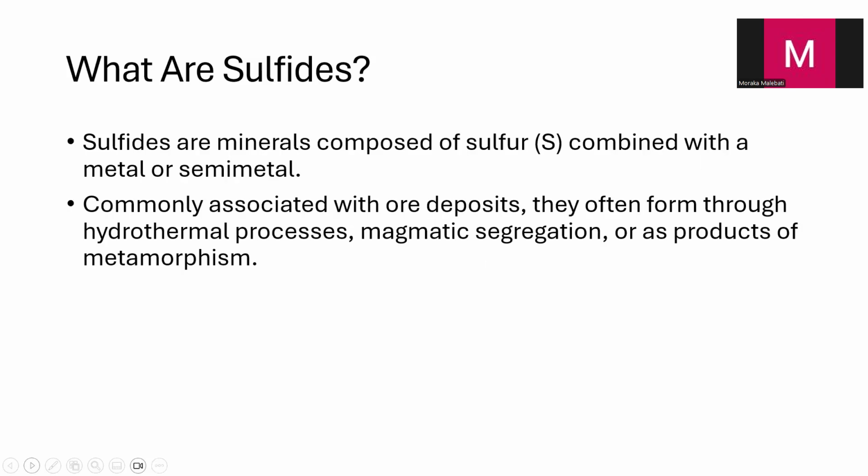So, I've already mentioned what sulfides are: these minerals are formed when we combine sulfur with a metal, and they are associated with ore deposits, often formed through hydrothermal processes, magmatic segregation, or as products of metamorphism. But it doesn't end there.